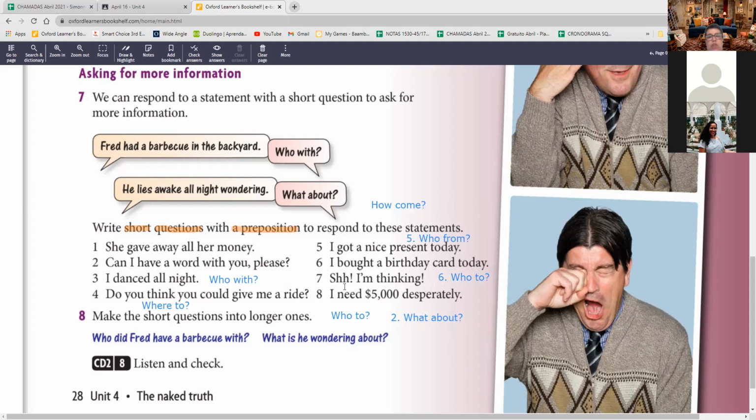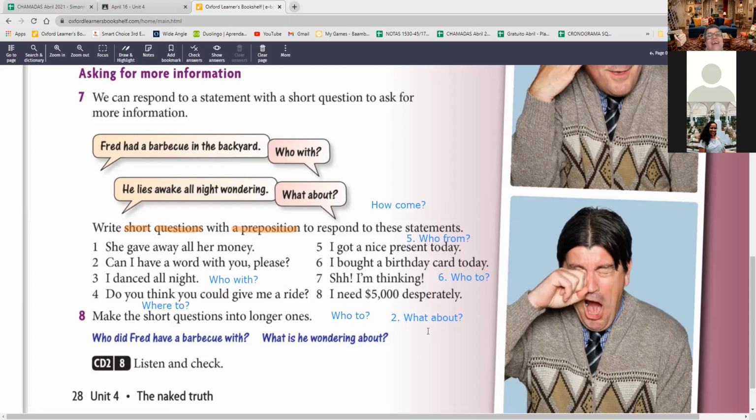Number 7. Shh, I'm thinking. What about? What are you thinking? Or how come? How come it's more like surprise. Here, you wouldn't show surprise in a situation like this. If I say, I'm thinking, you wouldn't say, how come?